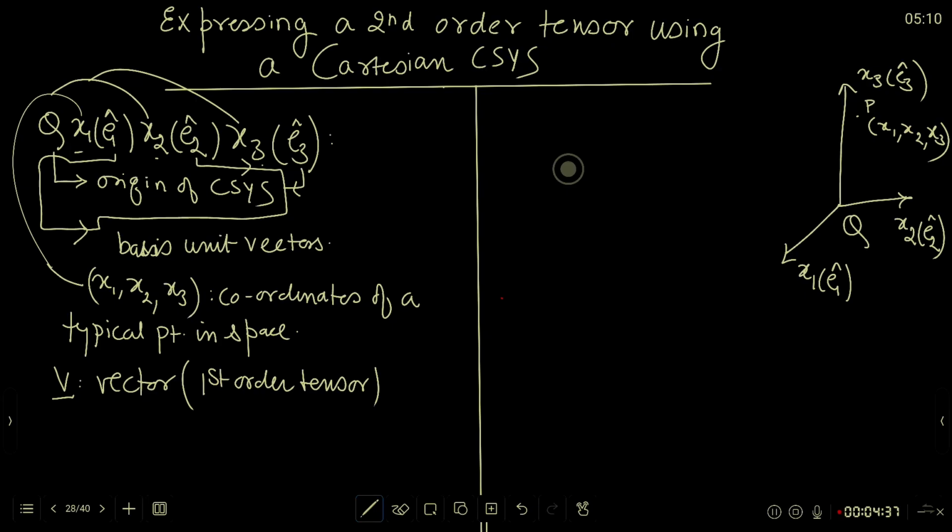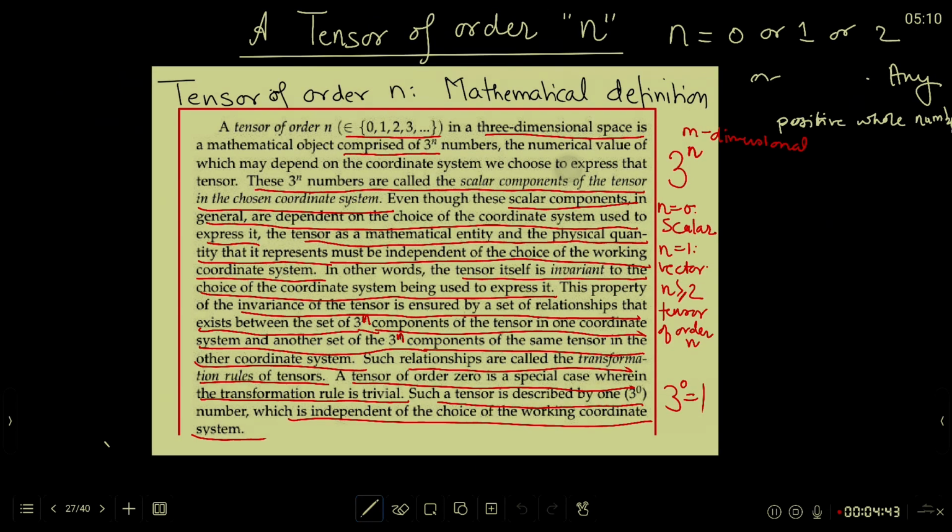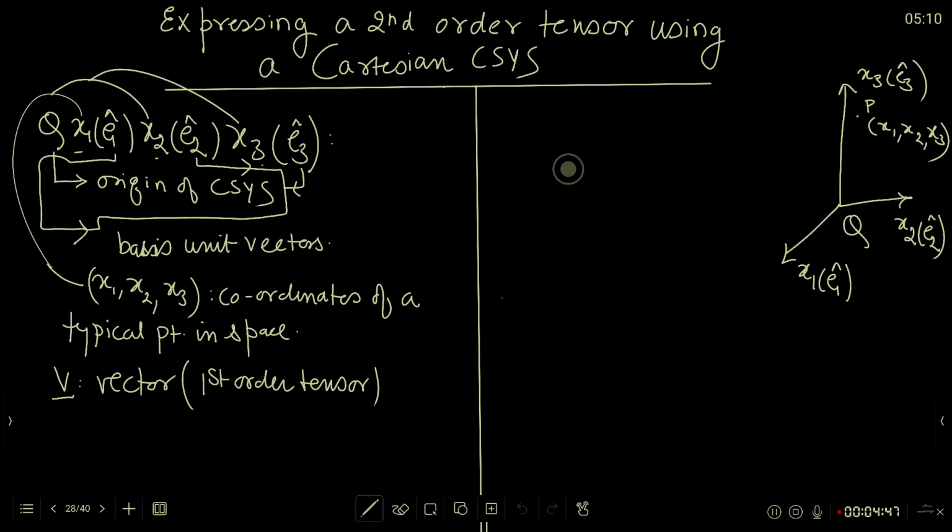Now since a vector is a first order tensor, according to the definition or the description that I shared on the previous slide, how many scalar components will it have? It will have 3 raised to the power 1 equals 3 scalar components. We are very familiar with this fact.